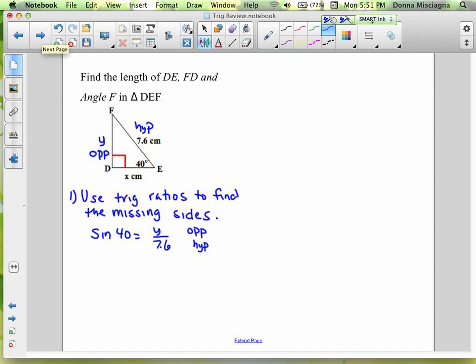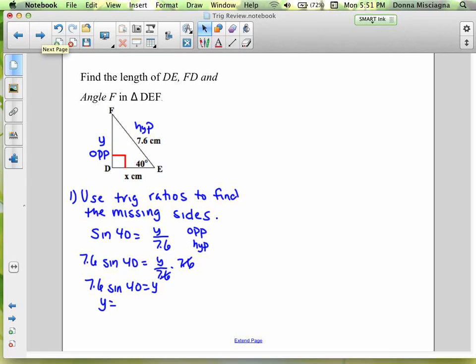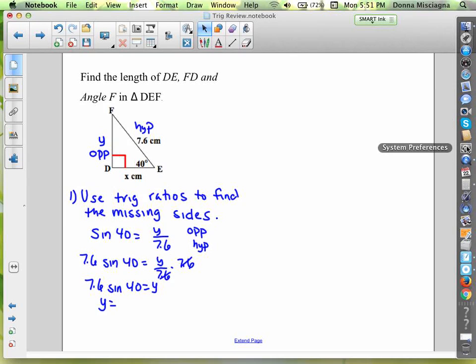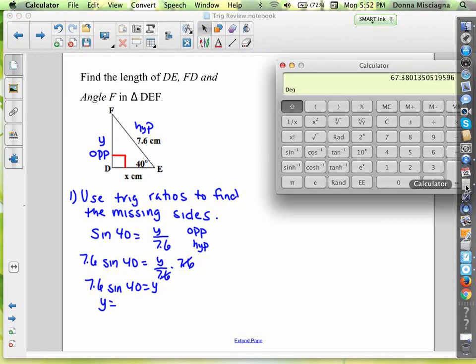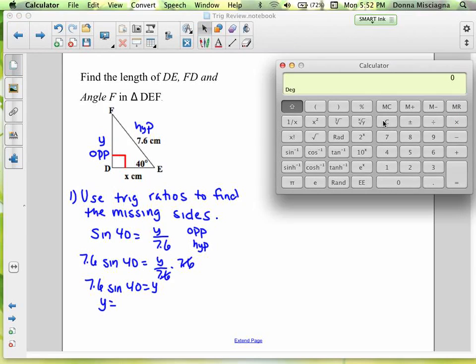So we want to isolate y. We're going to multiply both sides by 7.6. So we have 7.6 sine 40 equals y times 7.6 over 7.6. That'll cancel out. And so we have 7.6 sine 40 equals y. Let's plug that into the calculator. I'm going to clear that from the last problem.